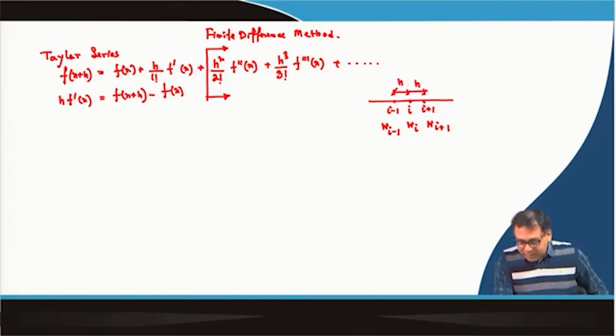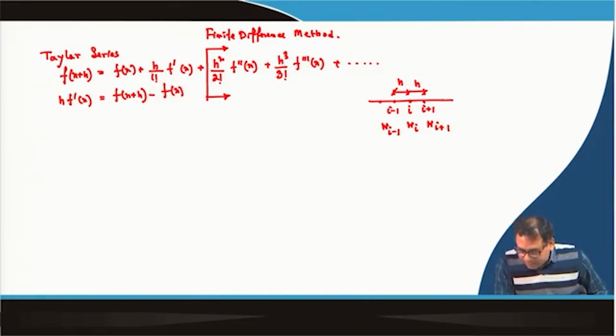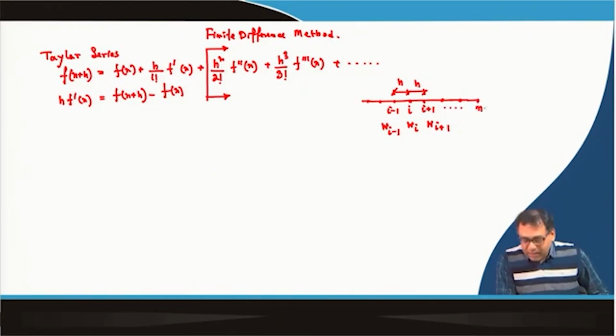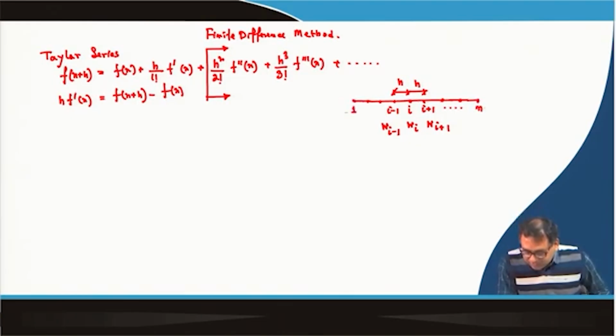So, we have divided the beam into a number of nodes and each node has its name: the ith node, I plus 1 and so on. The last node will be the nth node and the first node will be the first node.